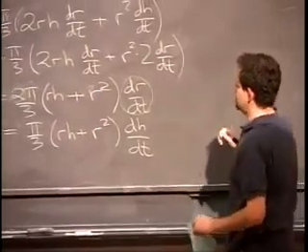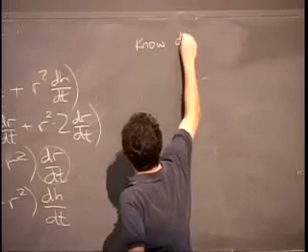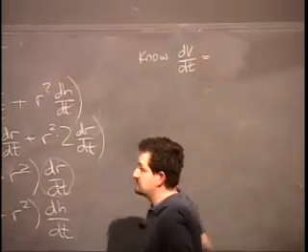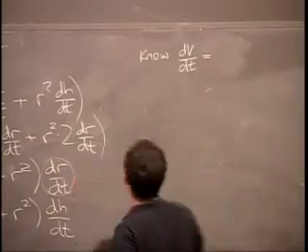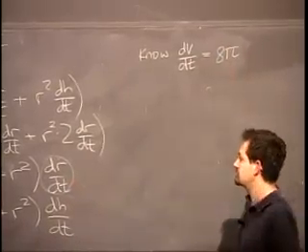So, what do we know? We know that dv dt, at least in part A, is equal to 8 pi, because there's 8 pi cubic feet of water coming into this tank.